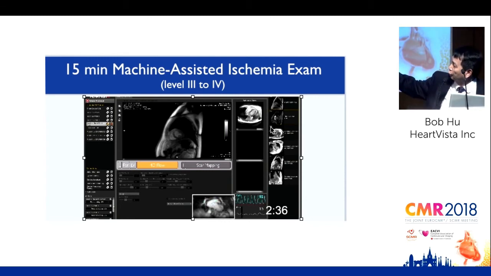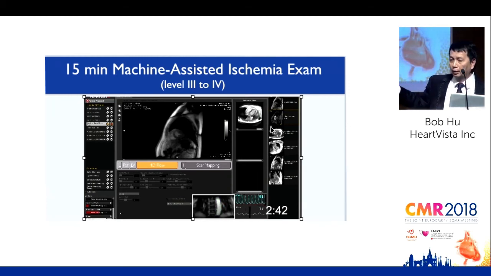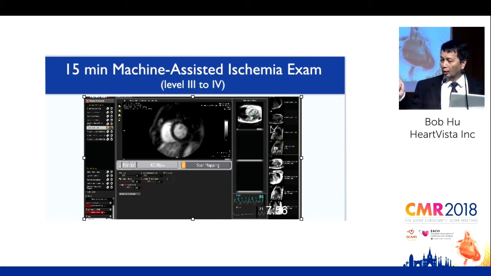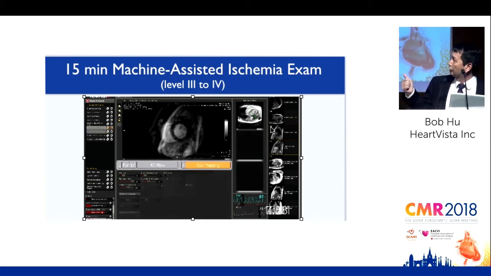As you can see, we're displaying in the little bottom right corner the actual information that's being processed and shown. The reconstruction time for the 4D flow is about 2 minutes at this point. And finally, this is a couple of images used to acquire the inversion time.